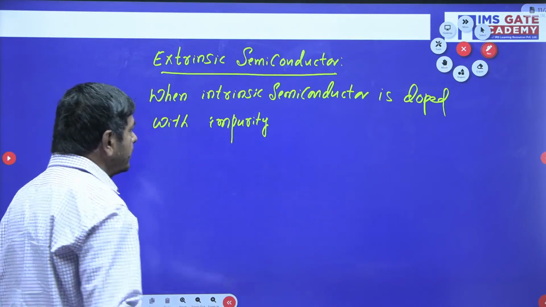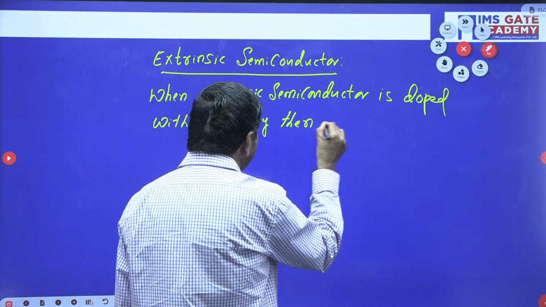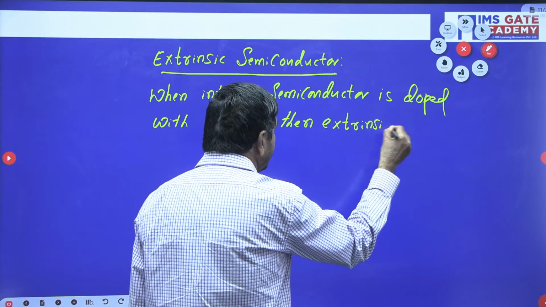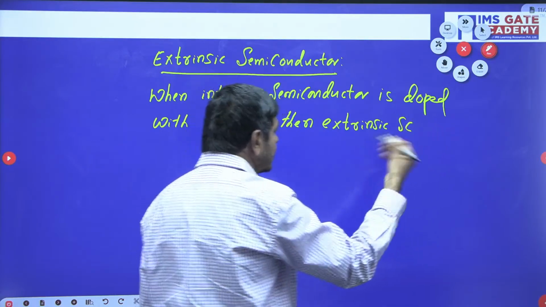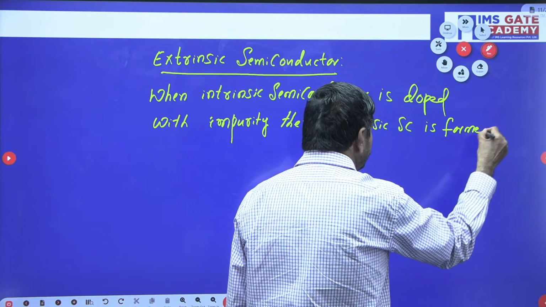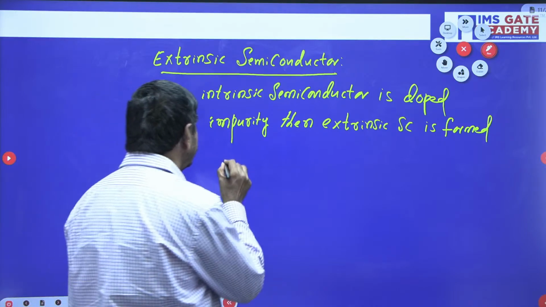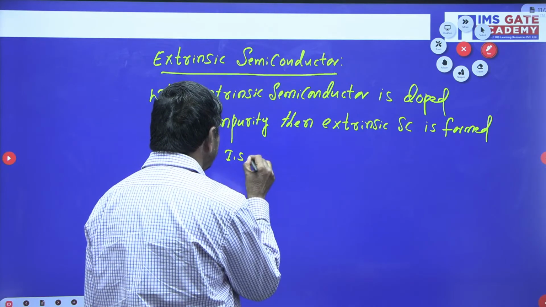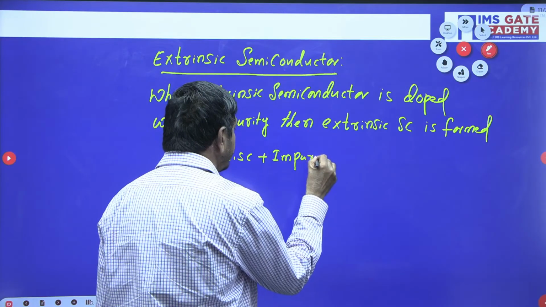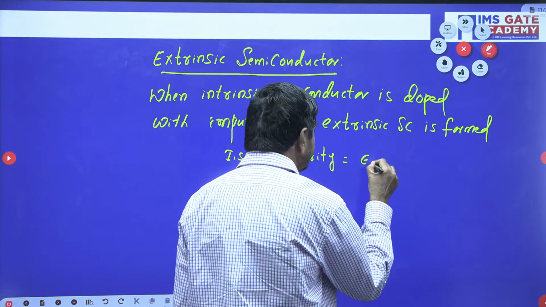I explained just now. Then extrinsic semiconductor is formed. Extrinsic semiconductor, I will put SC now. Semiconductor is formed. Like that it is forming. Understand? Otherwise you can write intrinsic semiconductor plus impurity is nothing but extrinsic semiconductor.